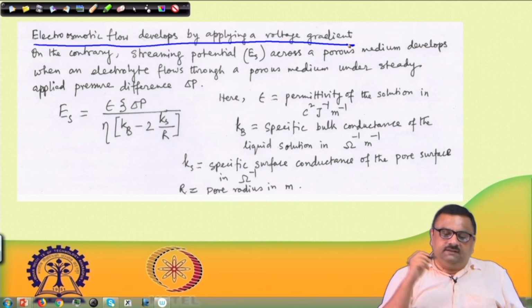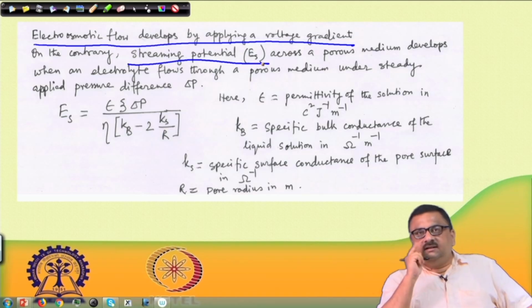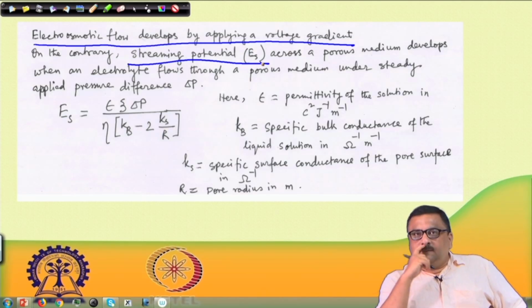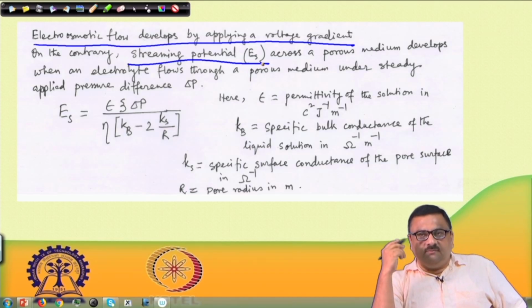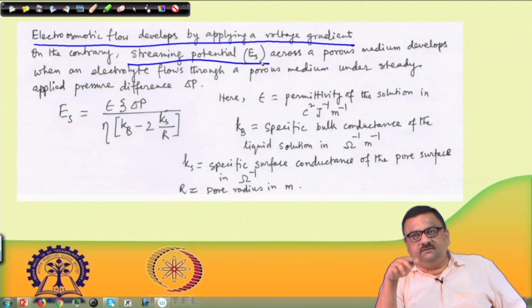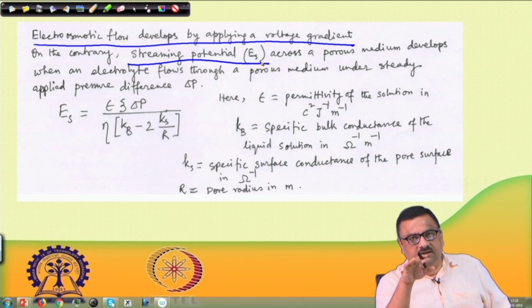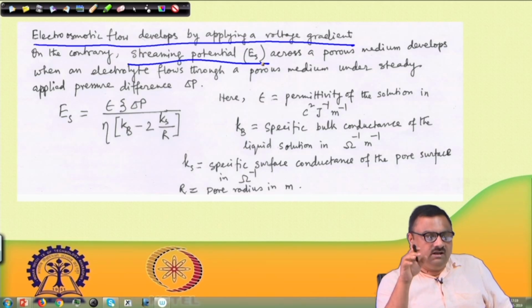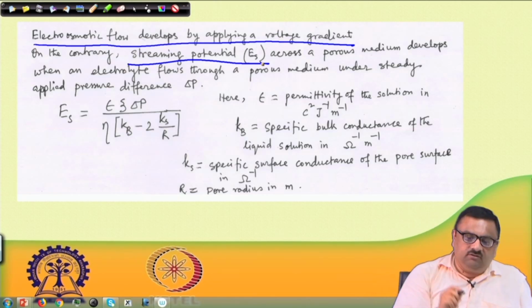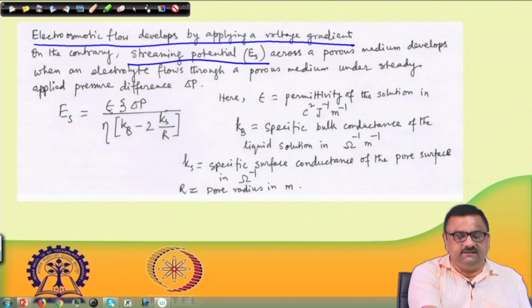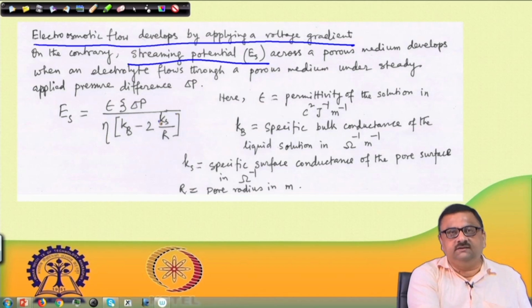On the contrary, a streaming potential, given by the name E S, develops across a porous medium when an electrolyte flows through it under a steady applied pressure difference delta P. Because of this delta P there is a flow, but because of the electric double layer and charge building up near the wall, zeta potential and all these, there would be a streaming potential developing across the pore, and its magnitude is given by epsilon zeta delta P divided by eta into Kb minus 2 Ks by R.